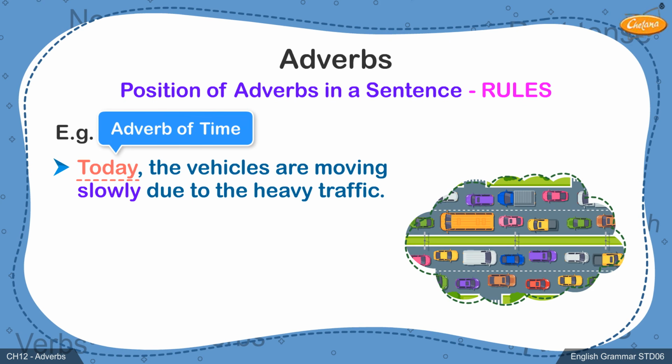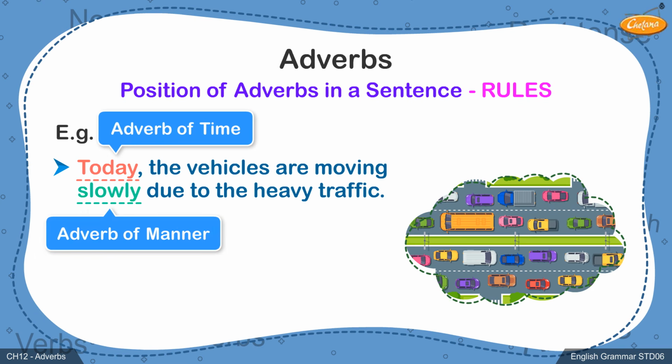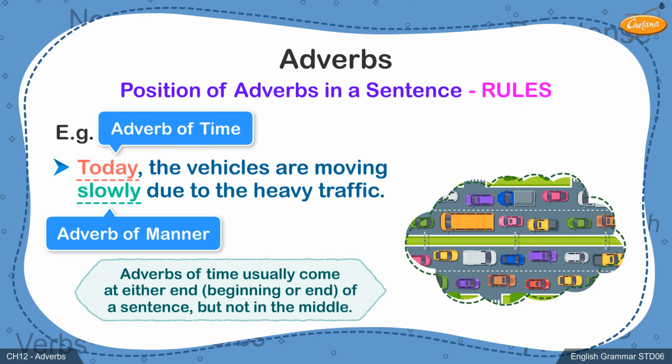The adverb of time, today, is placed at the start of the sentence, whereas the adverb of manner, slowly, appears later in the sentence. So, we know that adverbs of time can come either at the beginning of the sentence or at the end, but never in the middle.